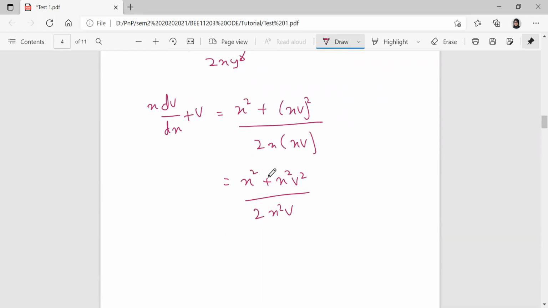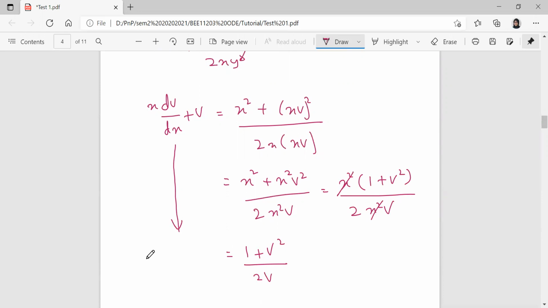We can factor out x squared: x squared times 1 plus v squared, divided by 2x squared v. The x squared cancels, so now we have 1 plus v squared divided by 2v, and on the left x dv over dx plus v.